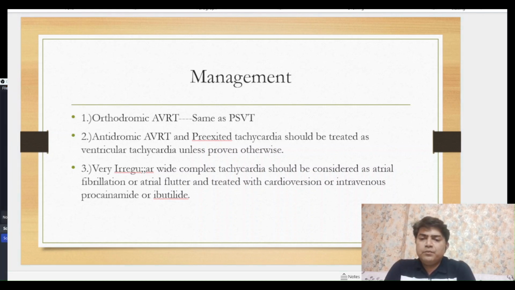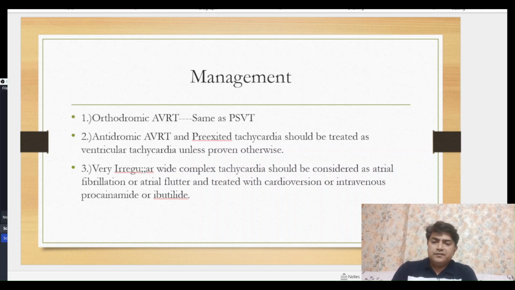Now, one very important point I have to discuss: in pre-excited atrial fibrillation, you must not use amiodarone or intravenous adenosine, verapamil, diltiazem or beta blockers, because you will block the AV node and that may precipitate dangerous atrial fibrillation. The heart rate may be increased dangerously. So in those cases, you must not use these agents.